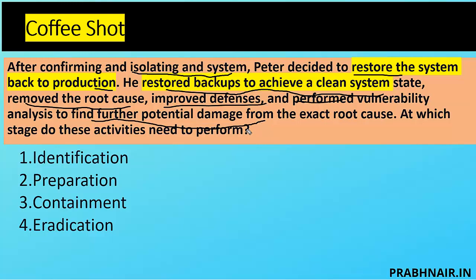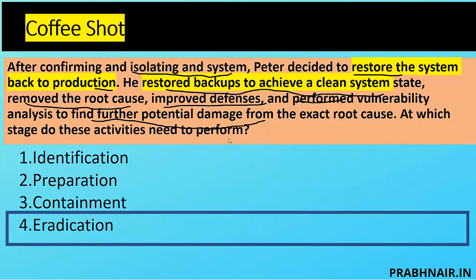Identification is where we confirm; preparation is where we build the policy; containment is isolating. The question says they have already done all these things, and now they are doing vulnerability analysis and restoring clean systems, which is the later part. That is why the answer is eradication, because in this stage we identify the root cause, remove the root cause, and prepare the system for clean installation.